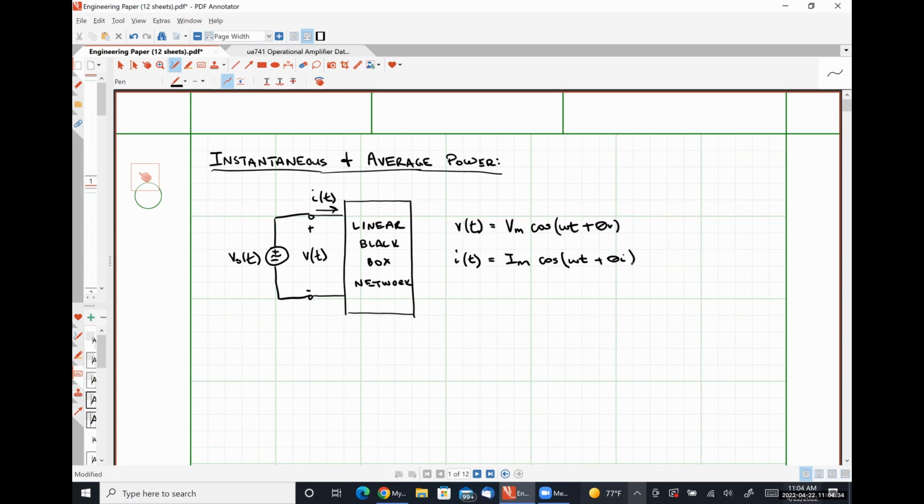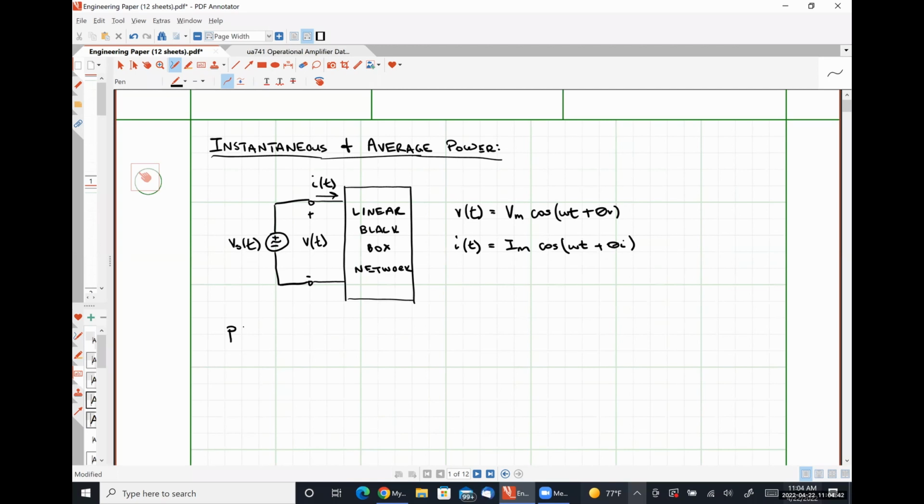The instantaneous power being absorbed by this linear black box network, P as a function of time, is simply the product of the voltage waveform V of t and the current waveform I of t, or Vm cosine omega t plus theta v multiplied by Im cosine omega t plus theta I. Now, when we multiply these two waveforms together, we are taking the product of two cosine functions.